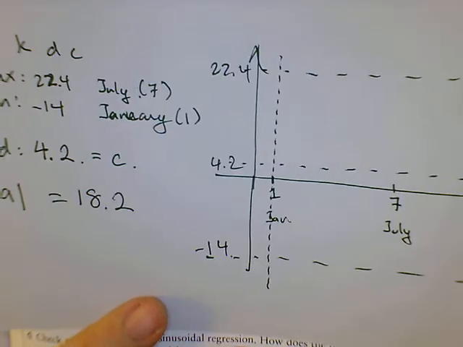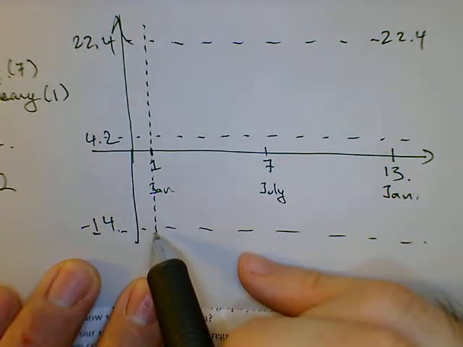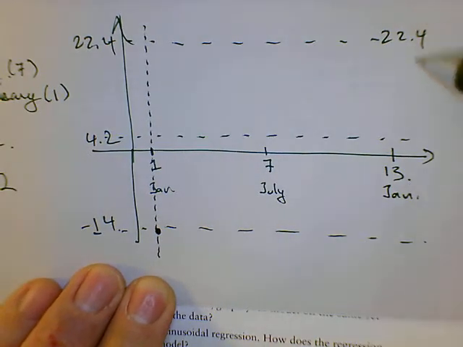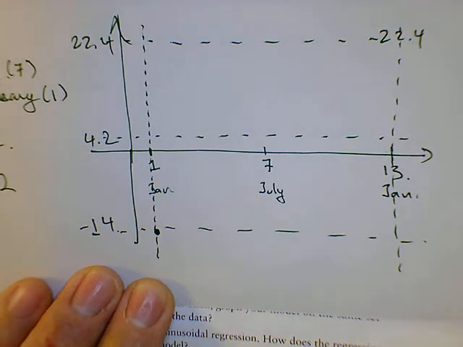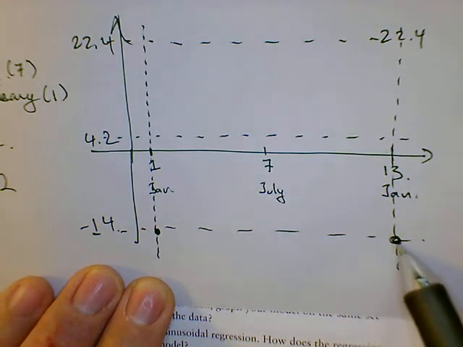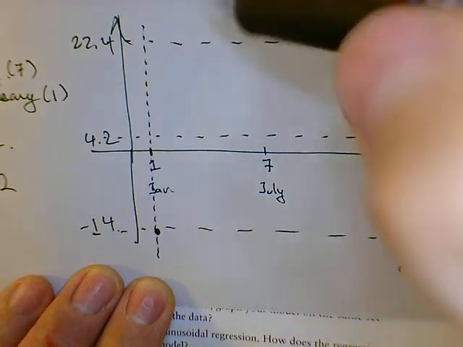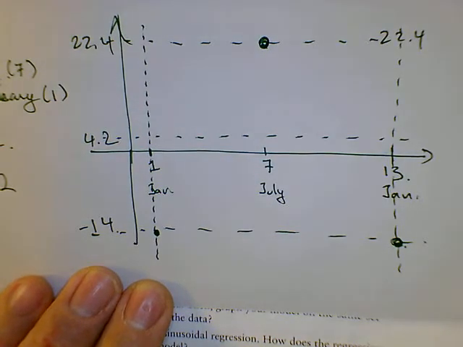In January is my lowest point. If it repeats, I have another midpoint there. In July is my max. Starting to see it?